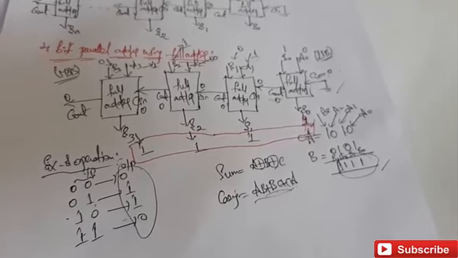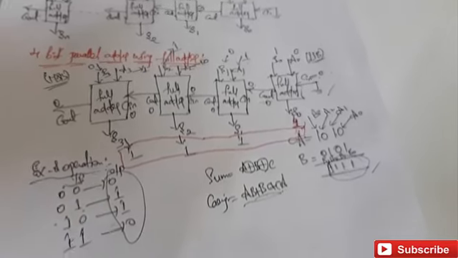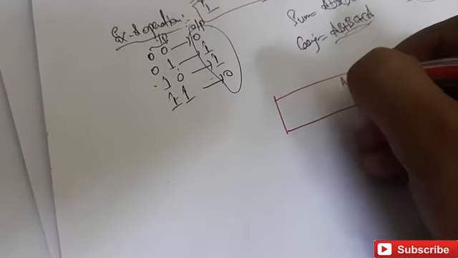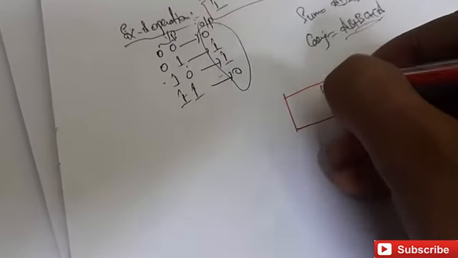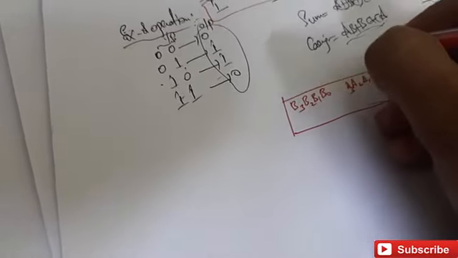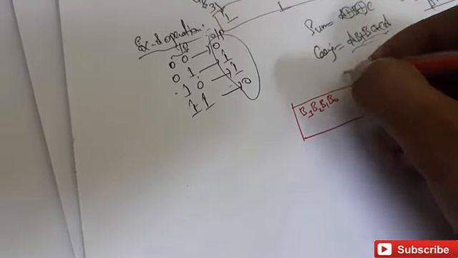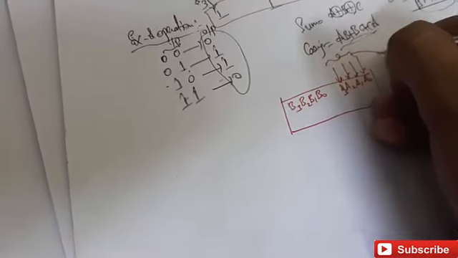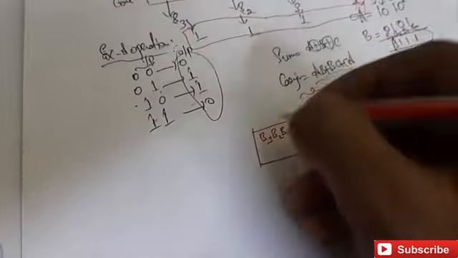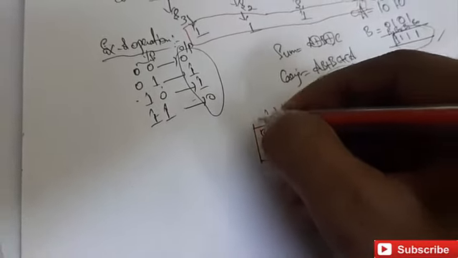Let's see the block diagram or logic diagram for the 4-bit parallel adder. The logic diagram will be like this. This will be A0, A1, A2, A3, and this will be B0, B1, B2, B3.